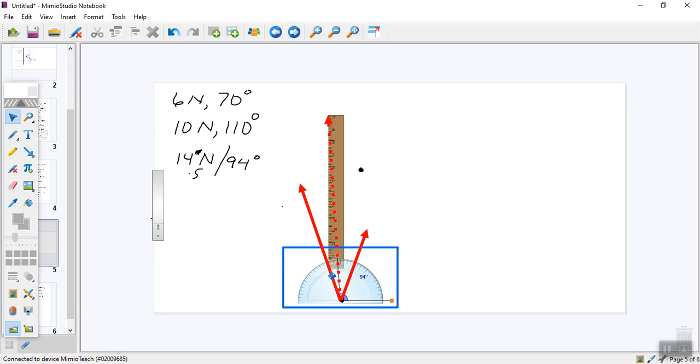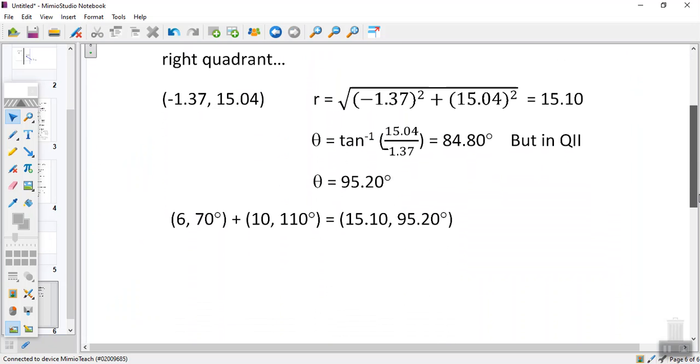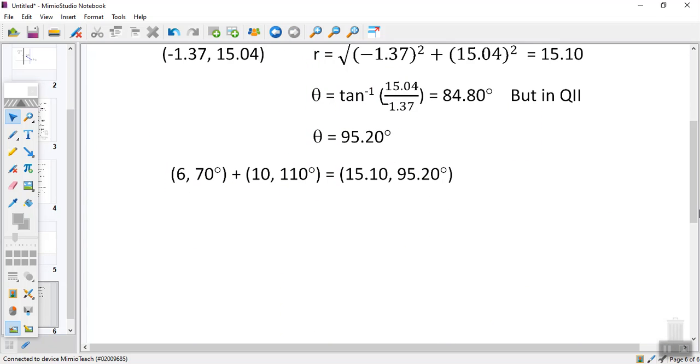Okay, so 84.8 degrees doesn't make any sense, so we have to think about being in the second quadrant as a resultant, because wasn't our resultant in the second quadrant, at about 94 degrees, when we drew that? Yep. The way you find it is to take that first quadrant angle and subtract it from what value? This 95.2 that they give here, since you're in quadrant 2. You would have to take 180 minus 84.8.